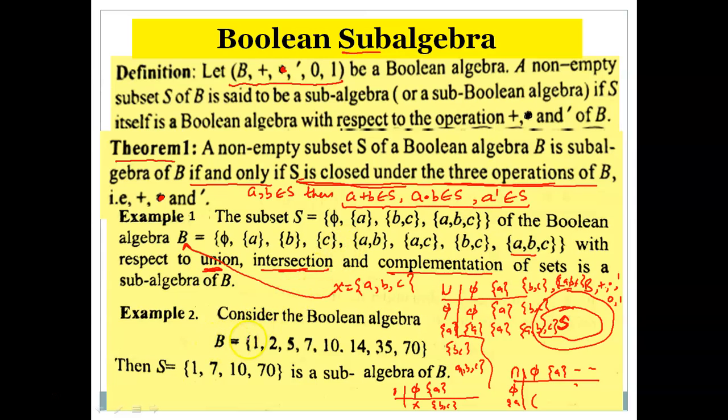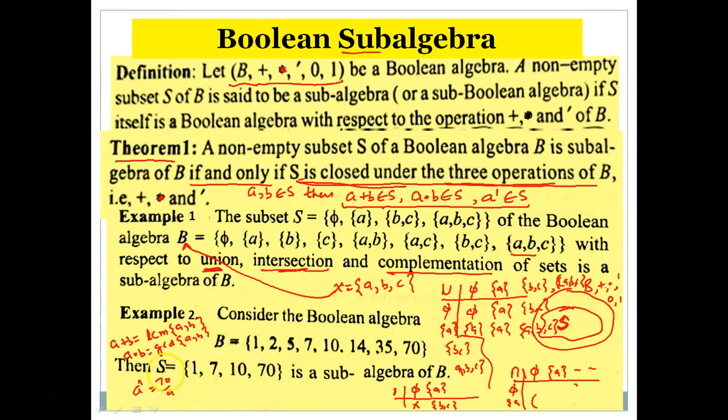Now let's look at example 2. Consider the Boolean algebra. This we have also discussed in the earlier lecture, that this forms a Boolean algebra. But for this, in place of plus, if we say A plus B, in fact the operation is LCM of A and B. And if we write A dot B, the operation is in fact GCD of A and B. And complement, in this case, is 70 by A. So using these three operations, if we check, this is a Boolean algebra.